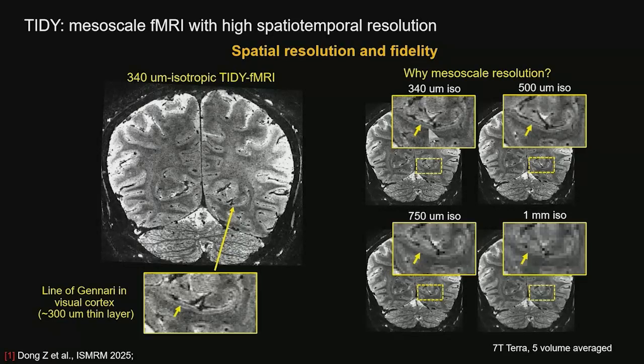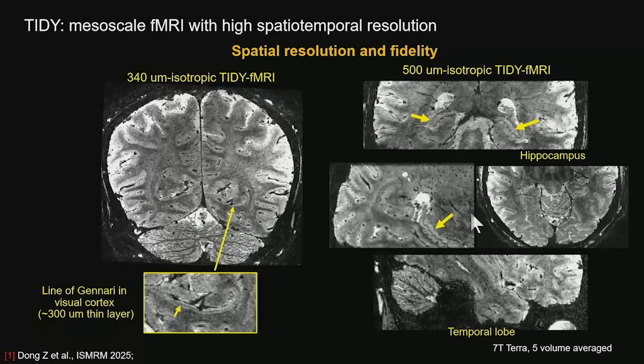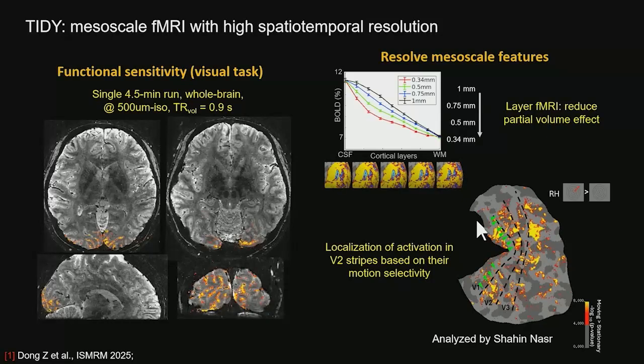On the right, we're highlighting how achieving mesoscale resolution under 500 micron can show this detailed structure, while lower resolution like 750 isotropic starts to blur it out. These also show how we perform in challenging brain areas where traditionally we see a lot of distortions and dropout, and how this new technique performs.